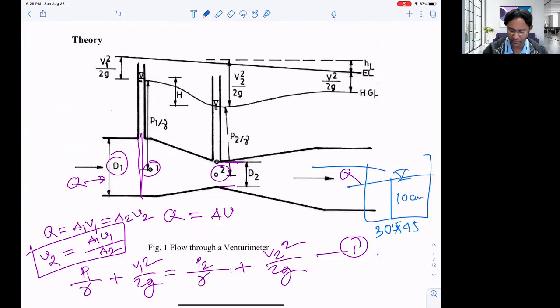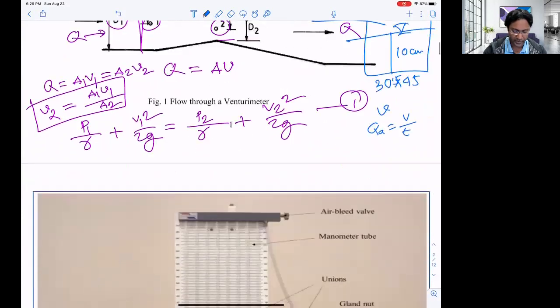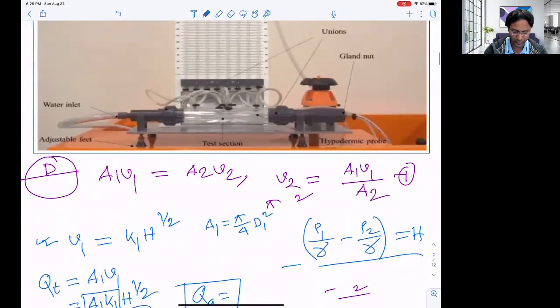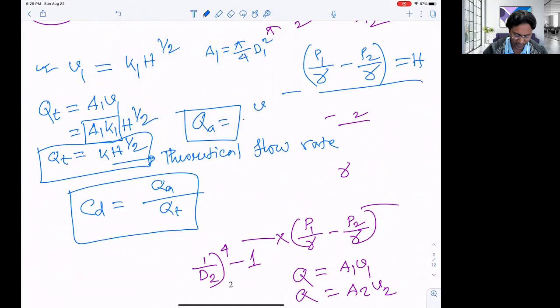Then we can calculate the volume, and from the volume we can calculate QA, V divided by T. We'll see the calculation. So if we know the actual flow rate from V divided by T, then we can calculate that coefficient of discharge.